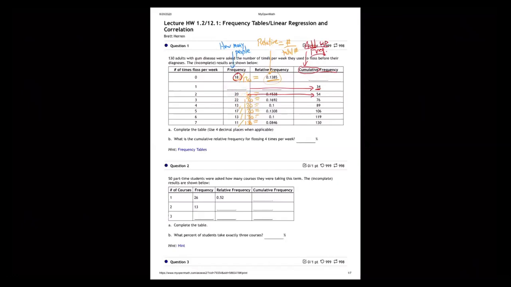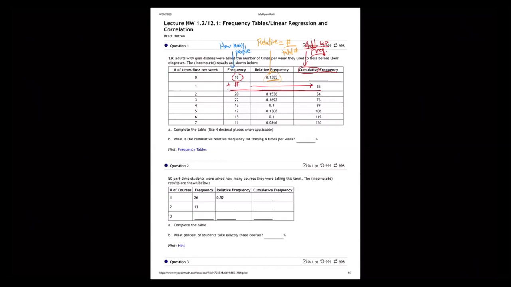So let me try to make that more clear again. In other words, what they're doing is they're just saying, if we add these up, 18 plus what number will total 34? So let's figure that out. 18 plus what number will total 34? How do we figure that out?